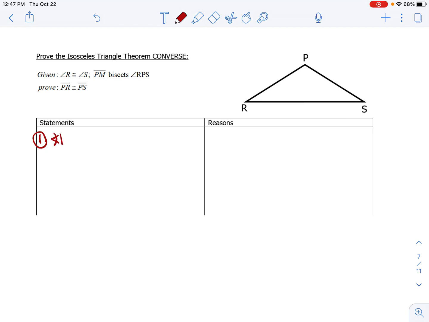So again, we have our given. We have angle R is congruent to angle S, and we know that PM bisects angle RPS.